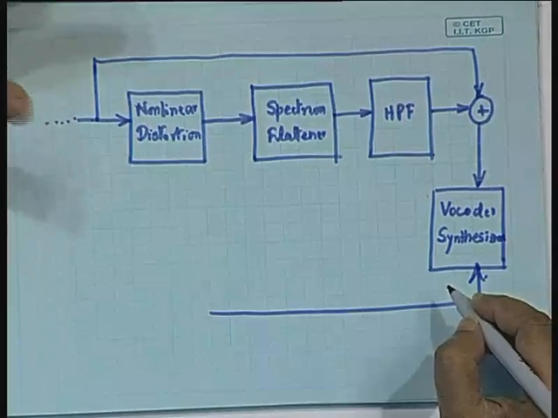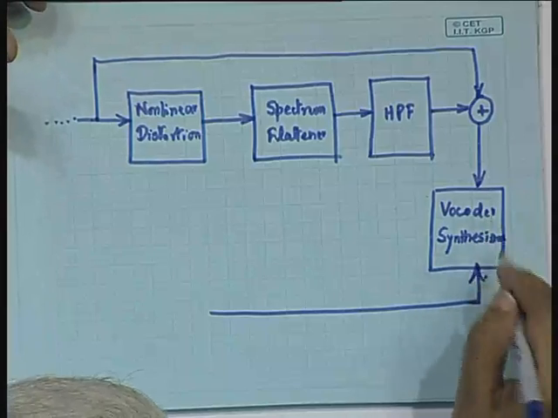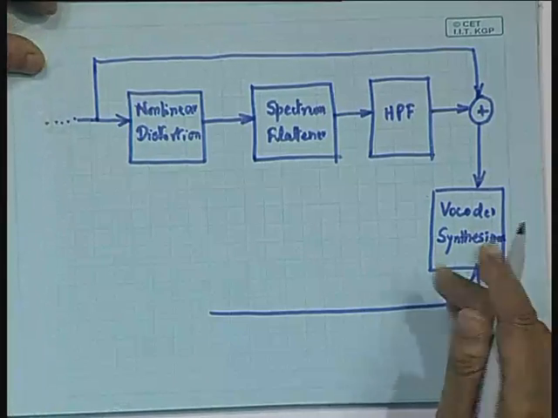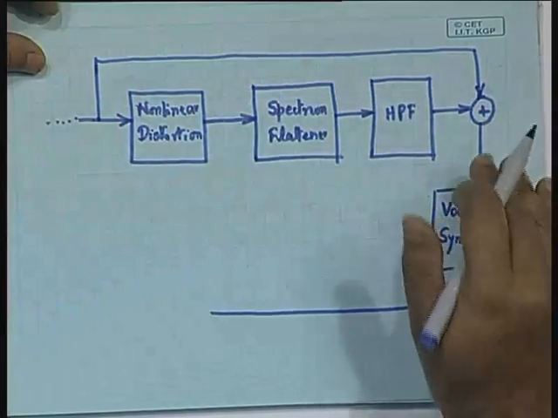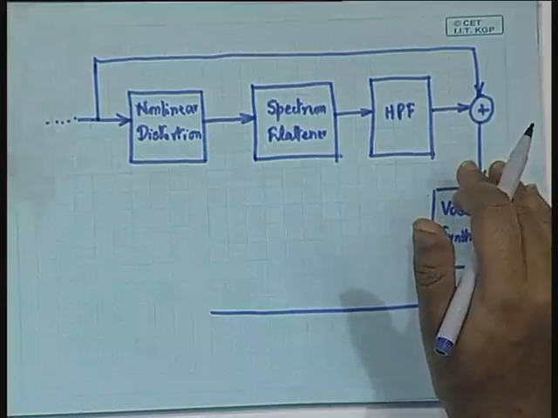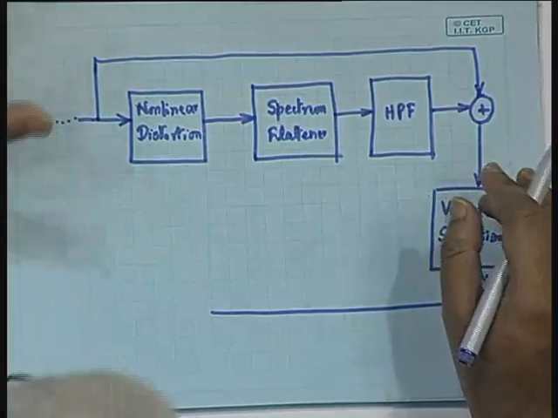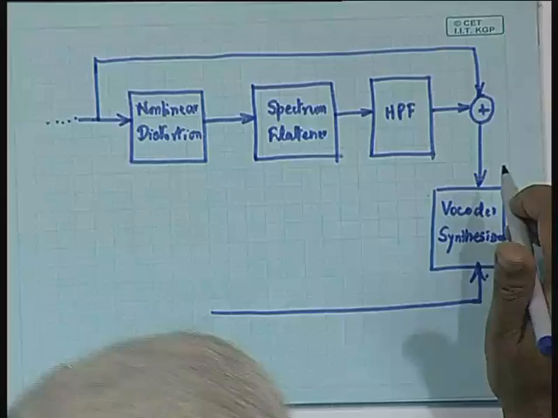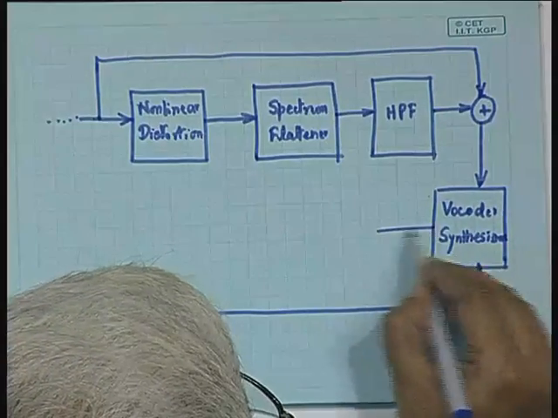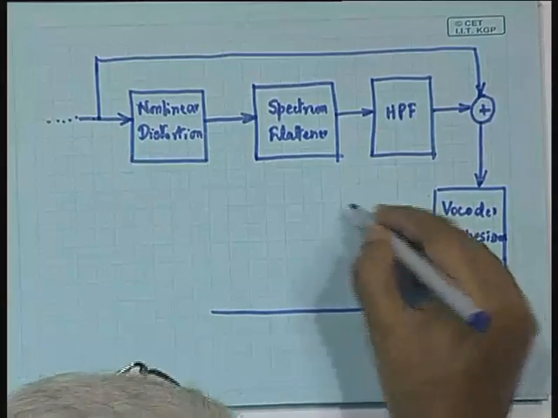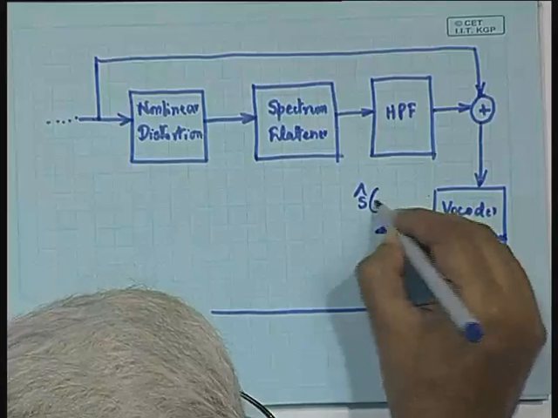So all the vocoder parameters come into the vocoder synthesizer, plus it gets the signal in a processed form. What sort of processing, we will discuss shortly. The output of the vocoder synthesizer is s cap(n).